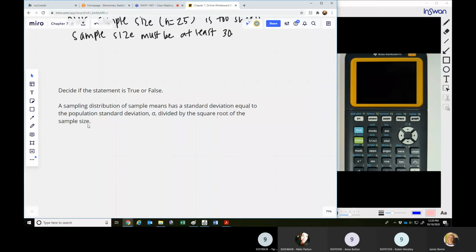So is that true? Let's write it out and see what it says. Sampling distribution of sample means has a standard deviation, so that's the standard deviation of the sampling distribution, equal to the population standard deviation, sigma, divided by the square root of n.